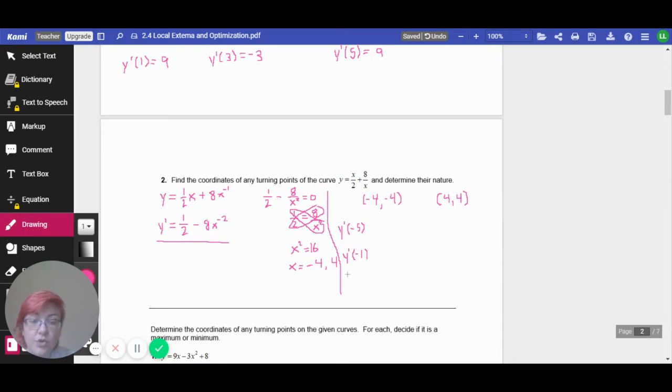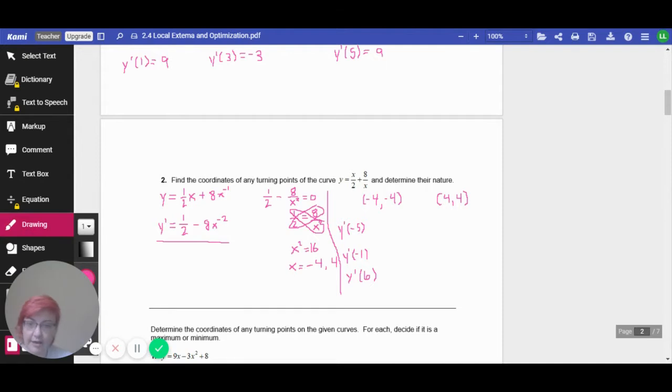And so I'm going to go with y prime of 6. Okay, so now we're going to plug these into our gradient function. So get my calculator, and I'm going to start with negative 5.